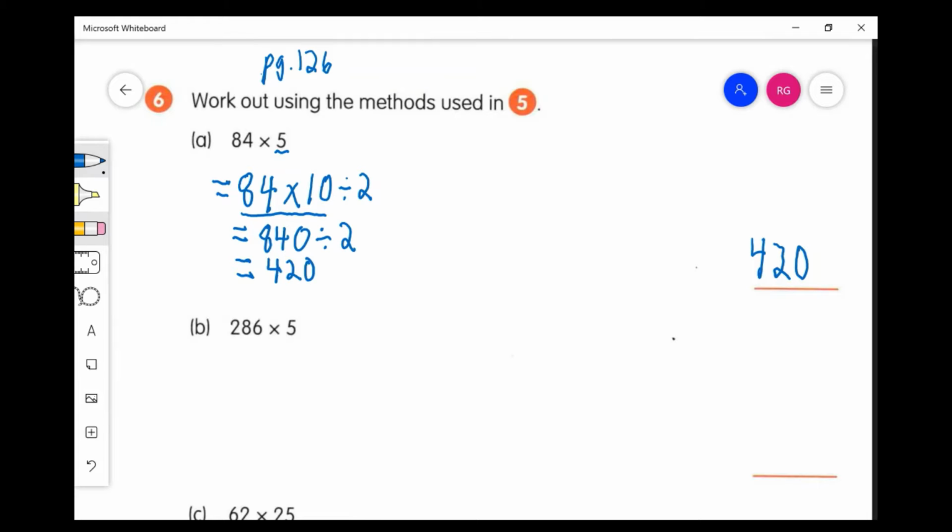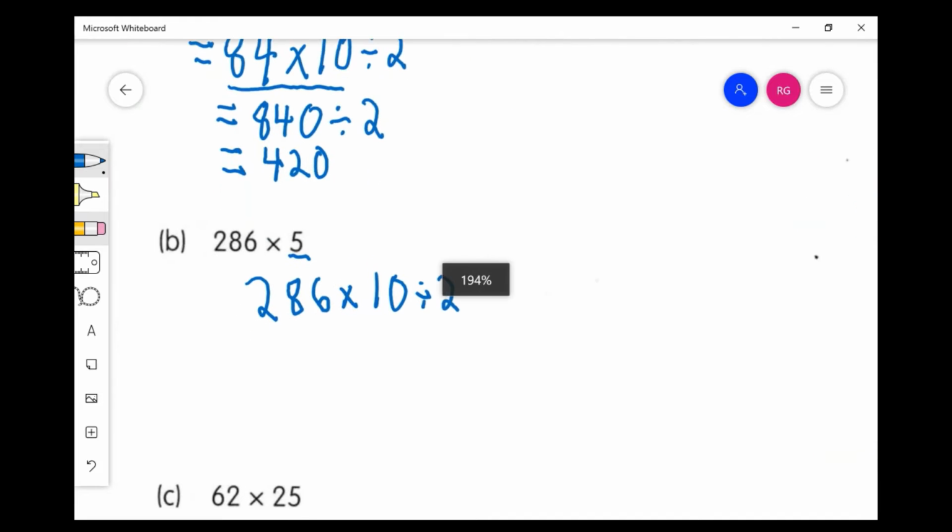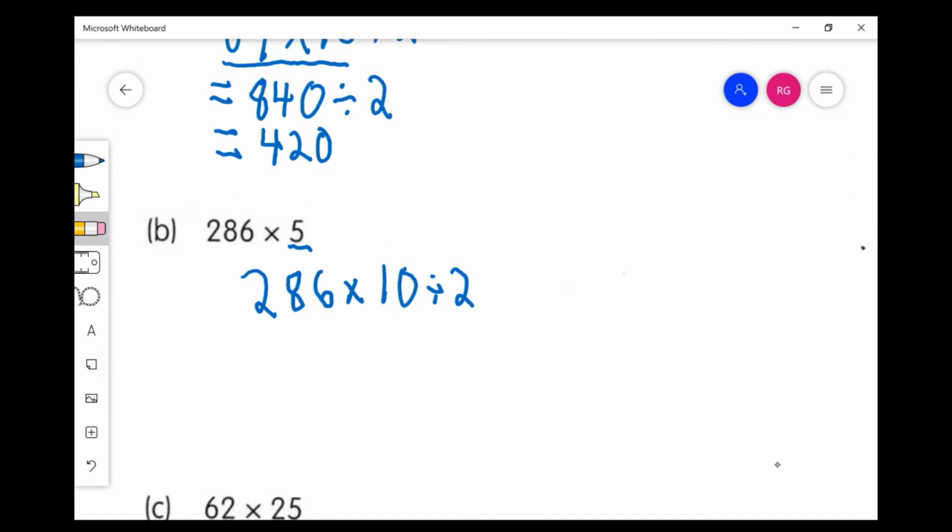Alright, and then for 286 times 5, I can think of this as a division problem again. I can say this is 286, and that's going to be times 10 divided by 2. Okay, and then I'm going to simplify the part that says 286 times 10 and make that 2,860 divided by 2.